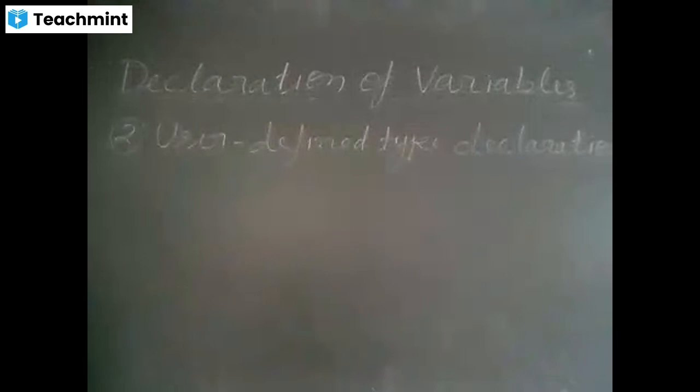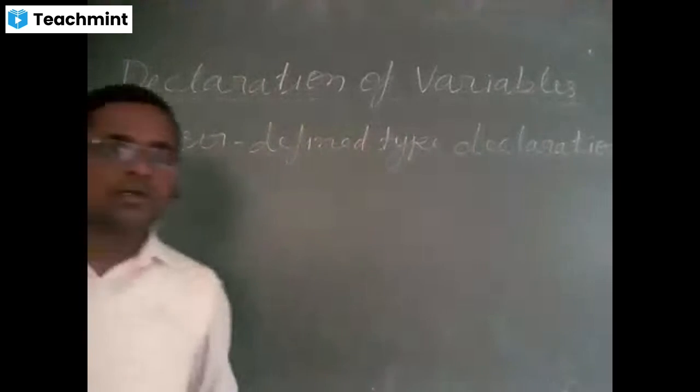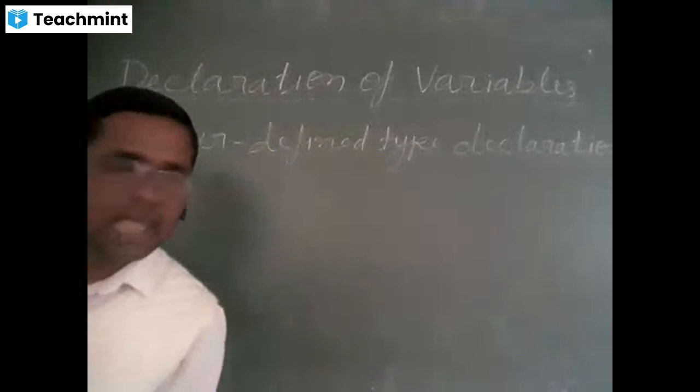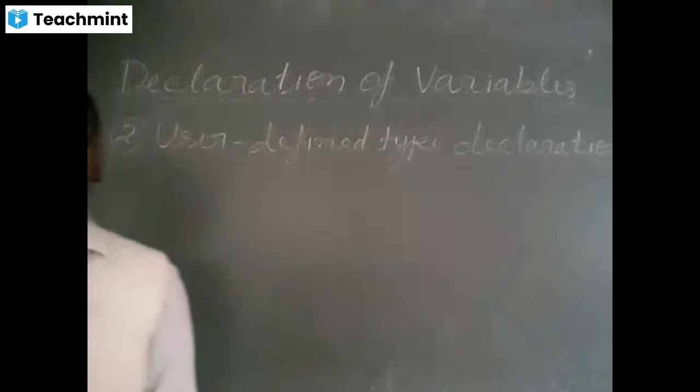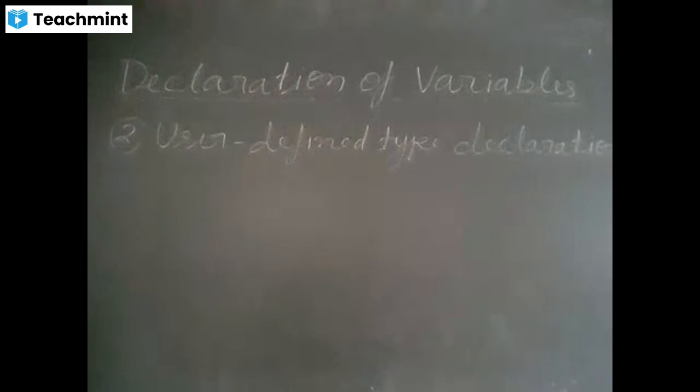In user defined type declaration, when the user declares a variable with their own type, that facility is also provided in the C program.